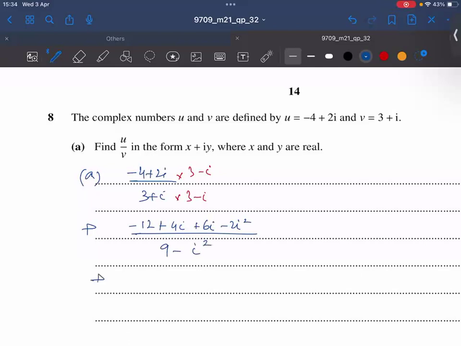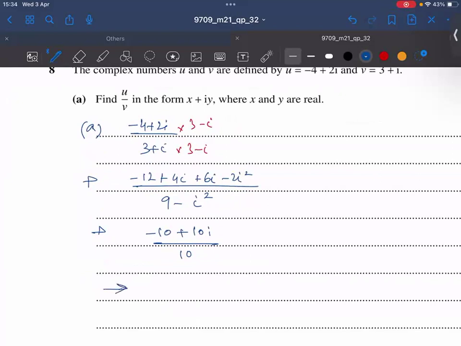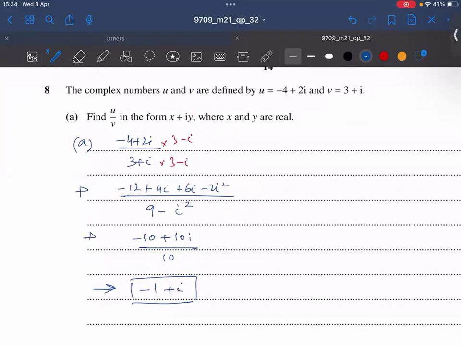Minus 2 into minus 1 is plus 2. Minus 12 plus 2 is minus 10. So minus 10 plus 10i divided by 10 is minus 1 plus i. Is it clear or not?